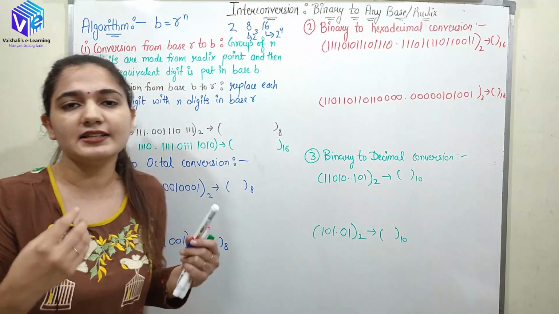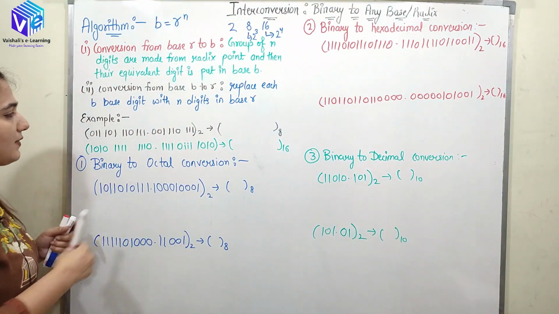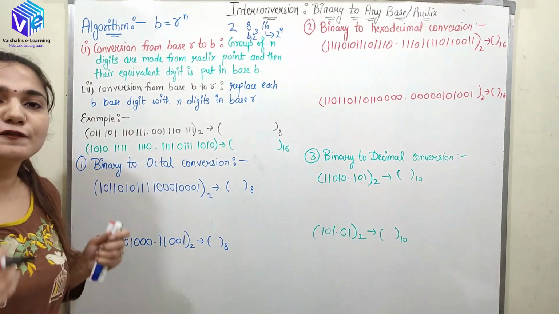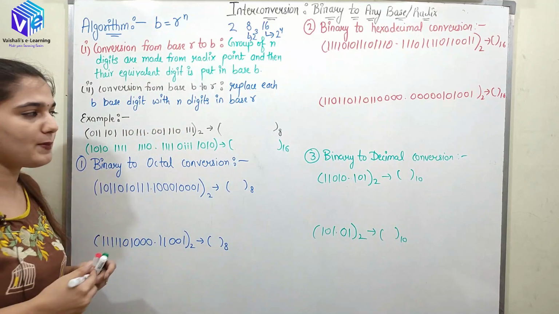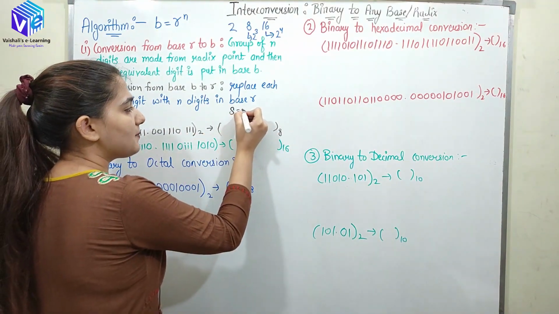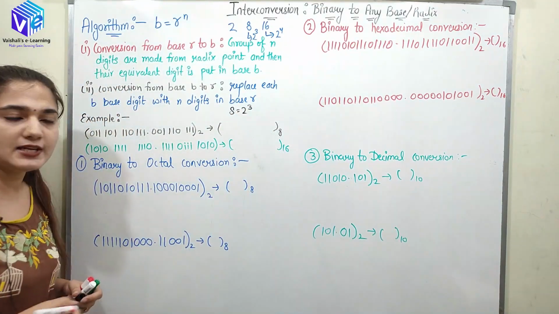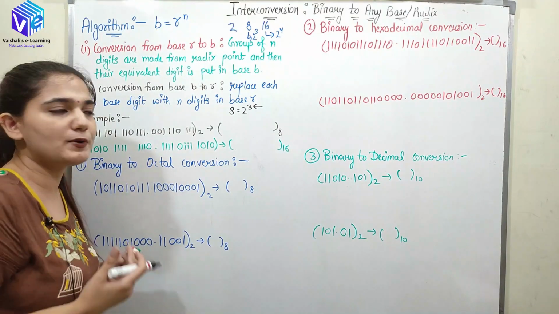Let's understand this with the help of some basic examples. We have to move from the radix point and make the grouping. Now bases 2 and 8 are there, and 8 can be represented as 2 raised to power 3. So here n is 3, so I have to make groups of 3.